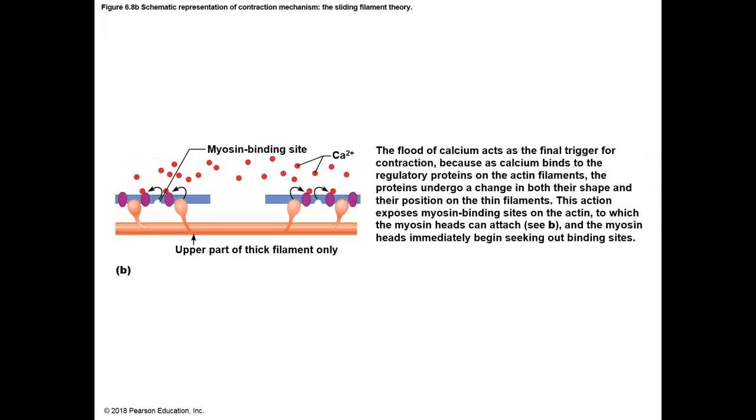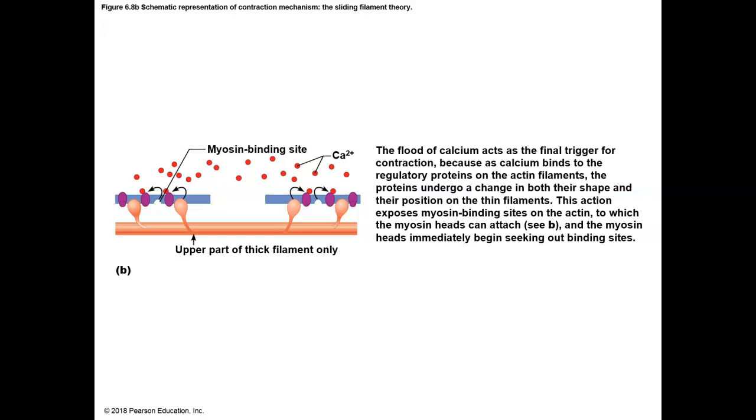calcium, remember in the previous lecture, we talked about how calcium is found in the sarcoplasmic reticulum, which is a specialized endoplasmic reticulum. Well, when we stimulate the muscle using the acetylcholine, that actually opens up the calcium channels in the sarcoplasmic reticulum. And so calcium rushes into our cell, and the calcium can bind to the regulatory proteins.